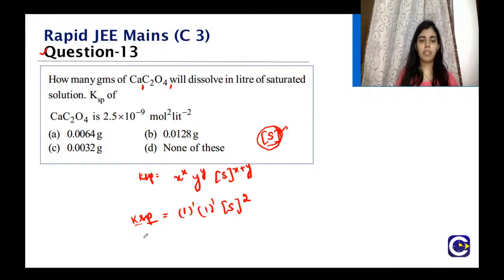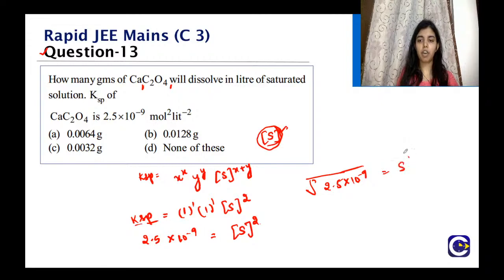Okay, so KSP is given as 2.5 into 10 raised to the power minus 9, which will be equal to S square. So you have to find the square root of 2.5 into 10 raised to the power minus 9 to find the solubility, and the solubility that you obtain by square rooting will be in mole per liter.